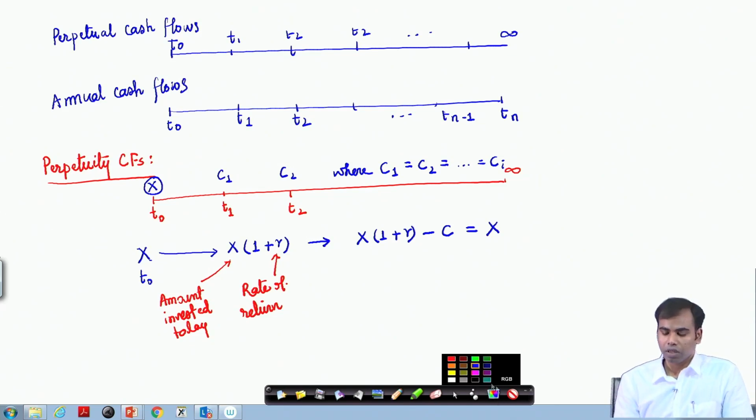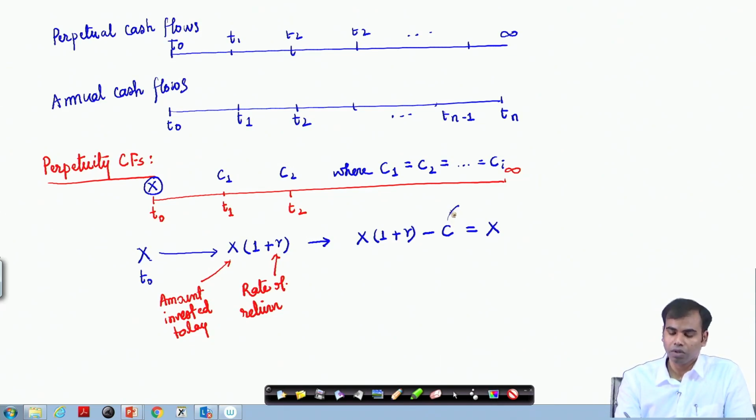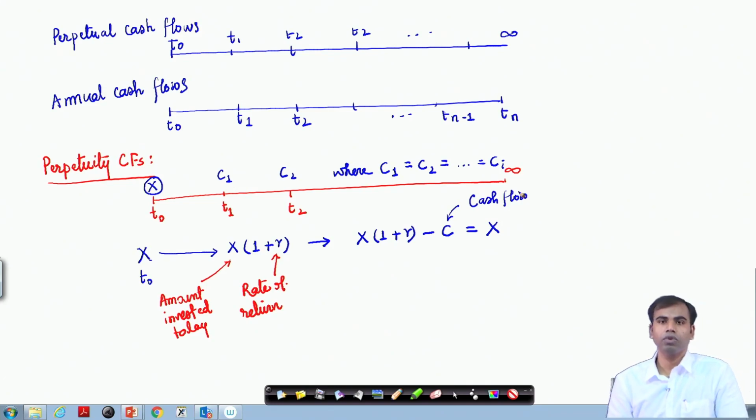This scholarship amount is basically the cash outflow. So, if you have a sufficient amount of money in your investment at the end of period 1 and you have given out the scholarship amount of C, at the beginning of the next year you should have an amount of x here.